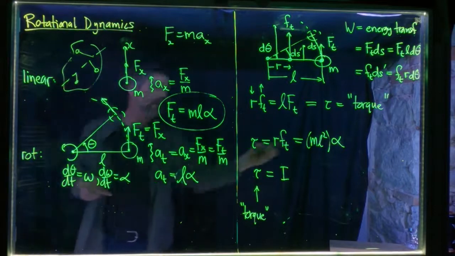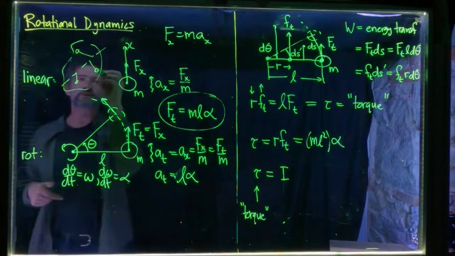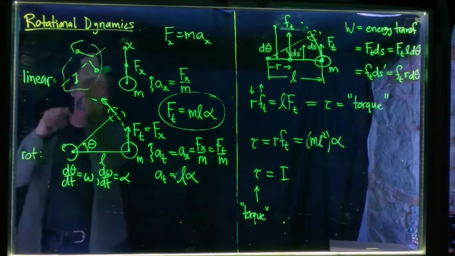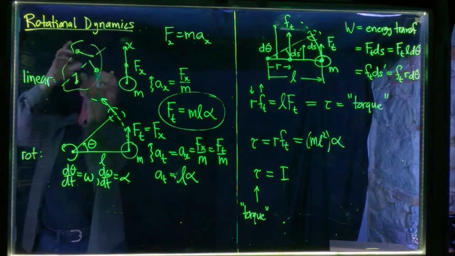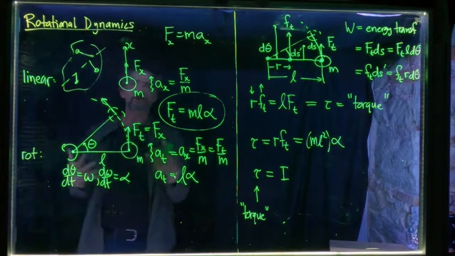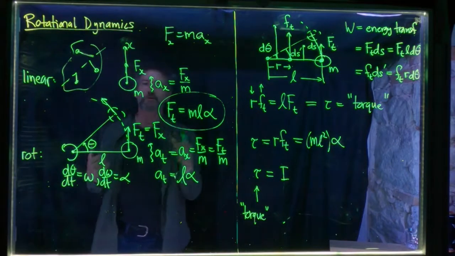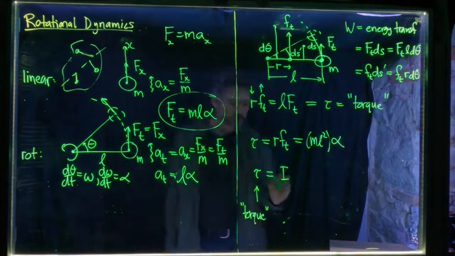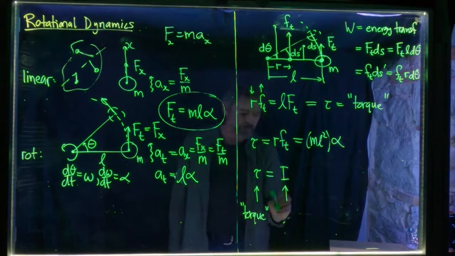You just add m times l squared for each, sum over the whole body, and you get the moment of inertia. That's the resistance of that rigid body to changes in its angular motion, so changes in omega, or alpha, the angular acceleration. So this is called the moment of inertia.